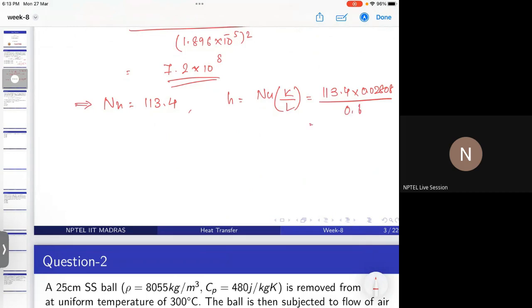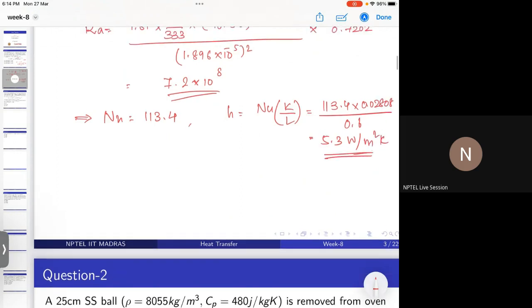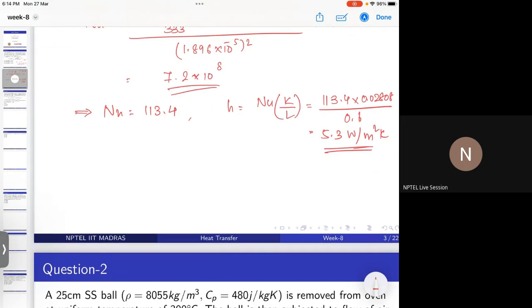Can you please calculate this value? 5.3. Yeah, it's 5.3 watt per meter square Kelvin or degree Celsius. Okay. So, now we got h.